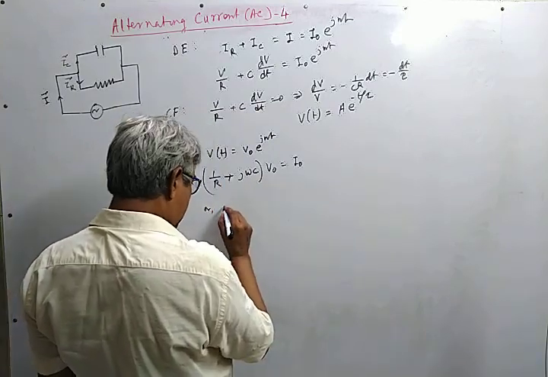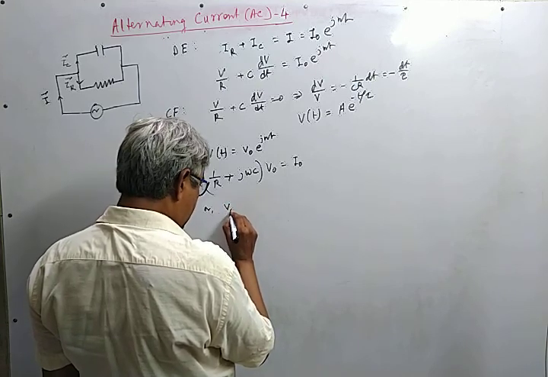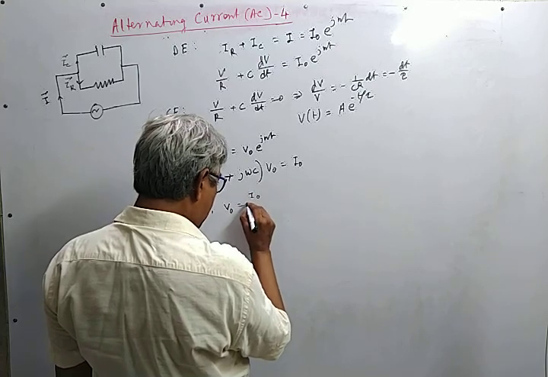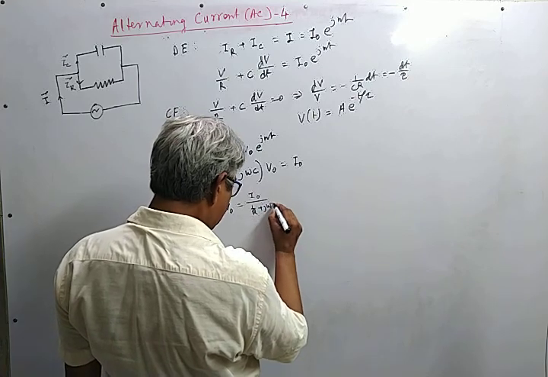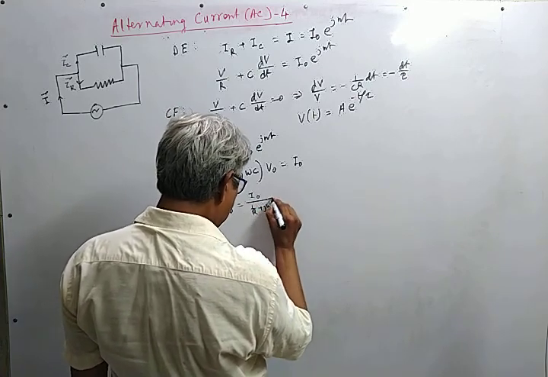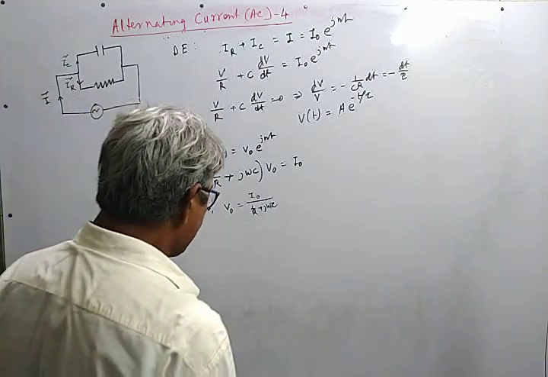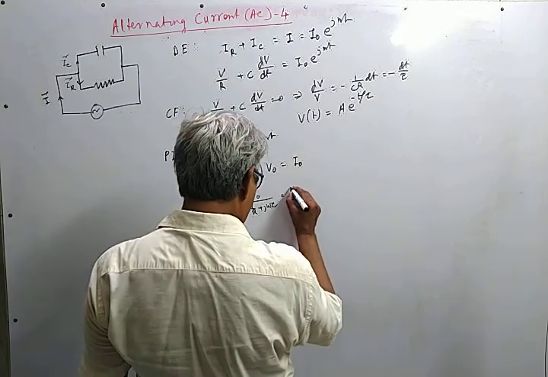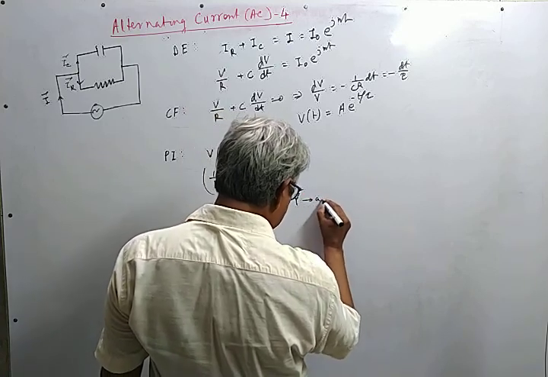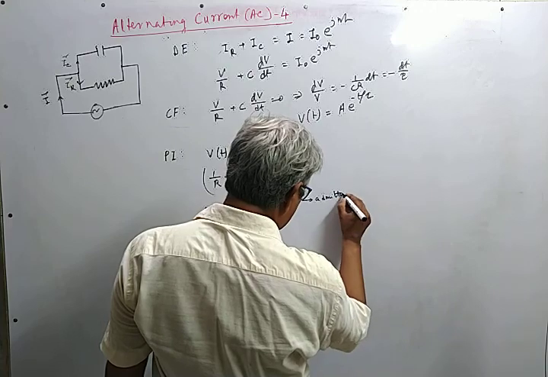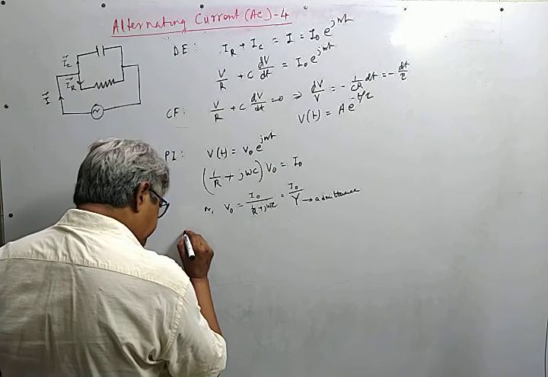Or we write I0 equals Y V0, where Y is the admittance, which we have also introduced in the case of the LR circuit.